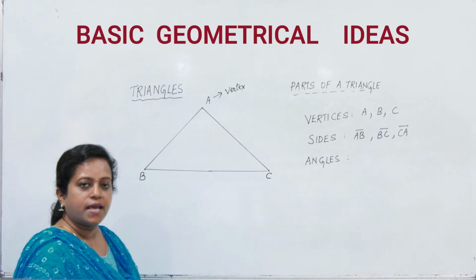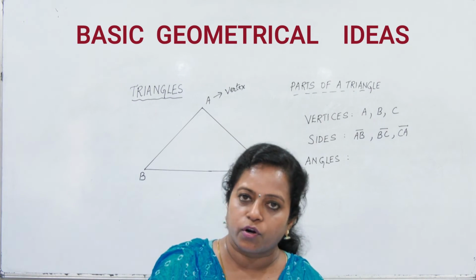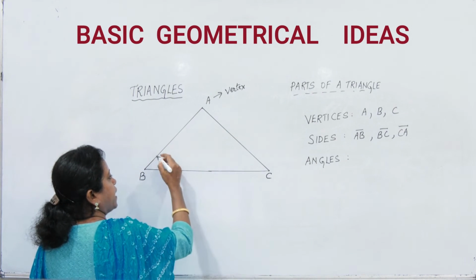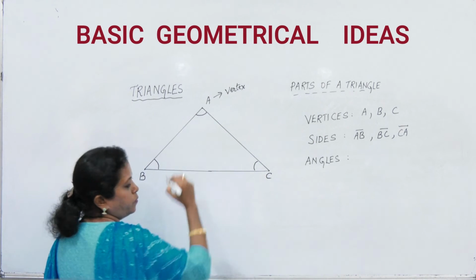What about the angles? As we learned, the number of corners in a given figure is the number of angles you will have. So there are 3 corners here. How many angles are there? 1, 2 and 3.